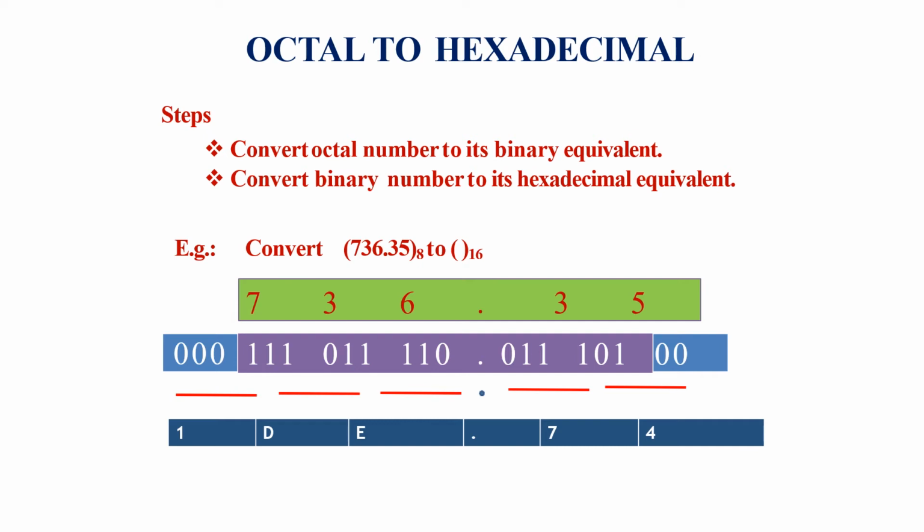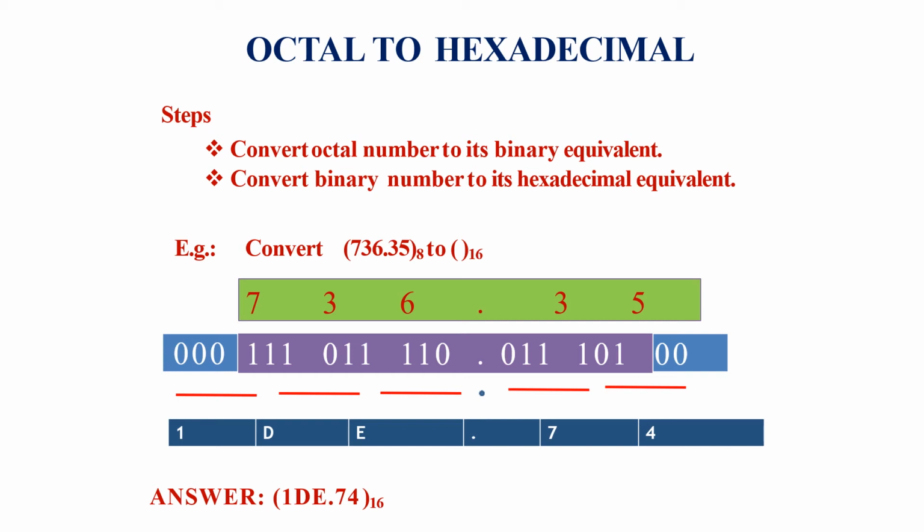And the remaining one is 0100, which is equivalent to 4. So we converted this binary into the equivalent hexadecimal. So the final answer is 1DE.74 with base 16. Which means the given octal number 736.35 is converted into the equivalent hexadecimal.